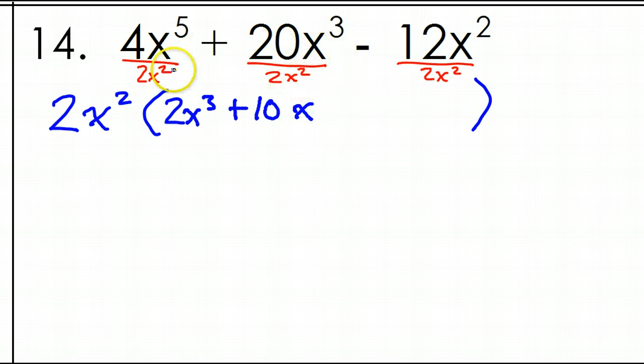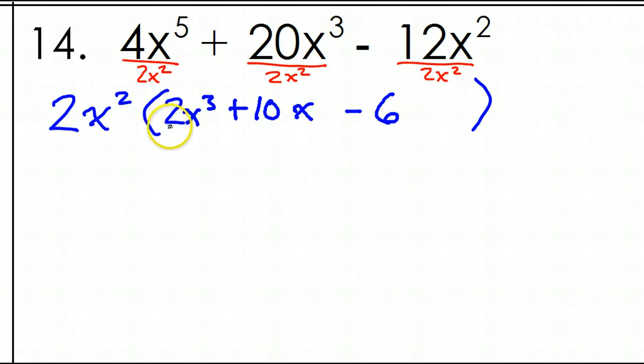I'm canceling, right? You know what I mean? These 2 x's cancel out 2 of these x's, that leaves 3. These 2 x's cancel out 2 of these, that just leaves 1x. And then I'll have negative 6, and the x squared cancels out completely. So this is what I have so far.